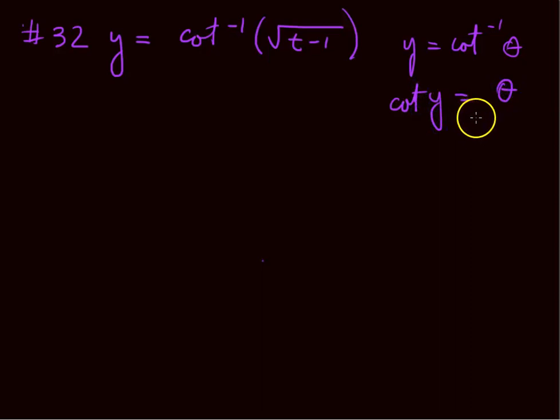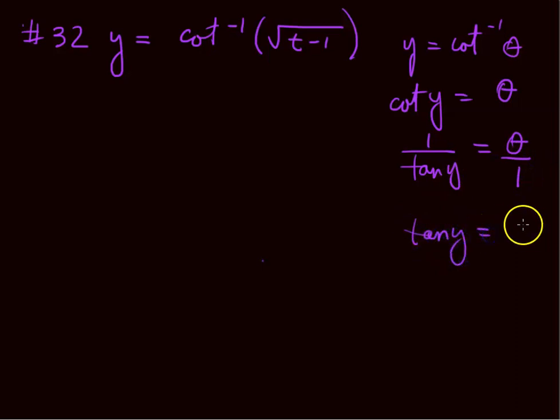Now, the cotangent is 1 over the tangent of y, which is still equal to theta, but you can think of it as theta over 1, because then you can say that the tangent of y is equal to 1 over theta. And then you take the inverse, you can say y is equal to the inverse tangent of 1 over theta.